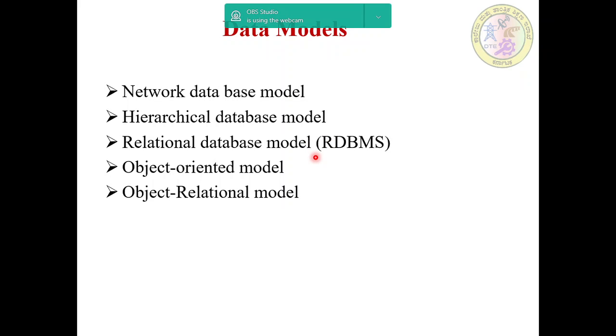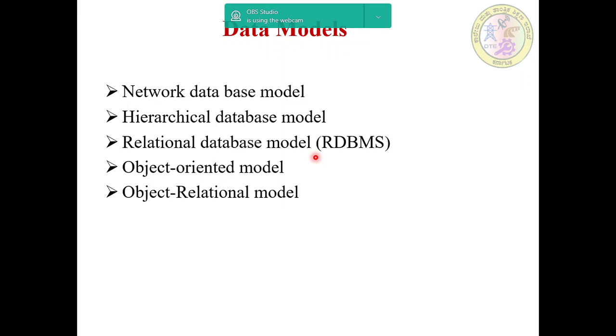Some of the popular database management systems are Oracle, SQL Server, MySQL, SQLite, and IBM DB2, etc. In relational database models, the main characteristics are that the model provides flexibility that allows changes to the database structure to be easily accommodated.